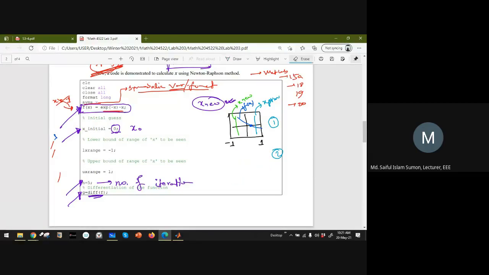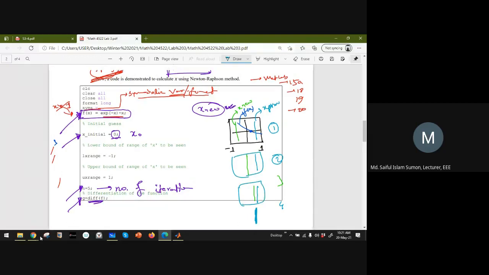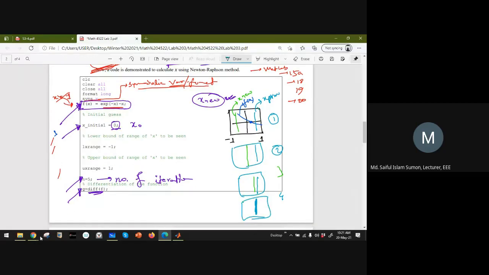Can anyone guess? In the second iteration, they will be comparatively close to each other. They will be merging. In the third step, they will be nearer still. In the fourth step, you will see one is just above another. Within that curve, you will be able to see this line changing. This is just to show you that my x new and x previous are merging towards each other with each and every iteration.